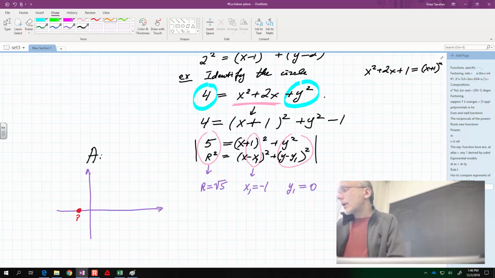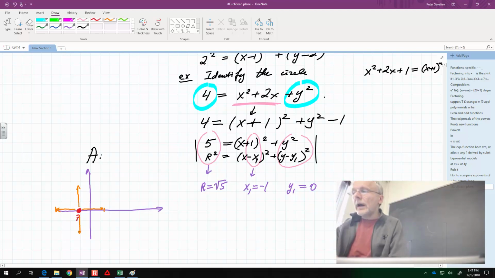Then you're supposed to go square root of 5 in all directions. So square root of 5 is a bit more than 2, right? So here somewhere, 1, 2 over here. Okay, so I went square root of 5 to the right, I went square root of 5 to the left, and then I do the same up and the same down, and that gives me the outline of my circle.